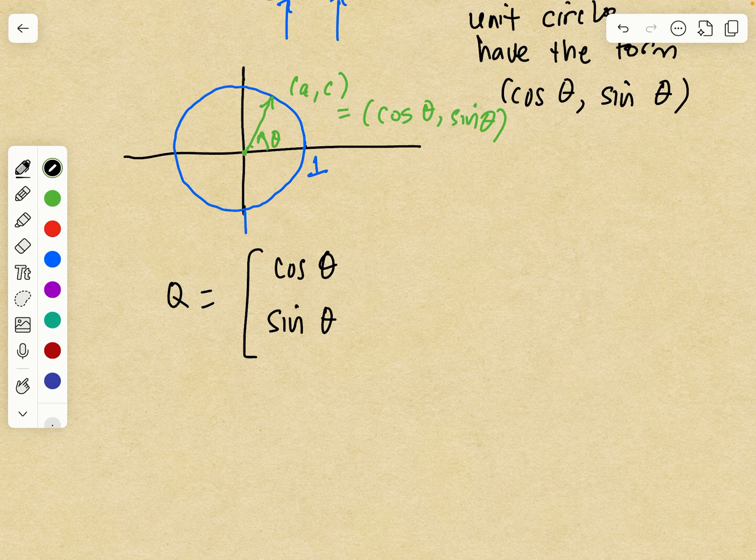So going back to the picture, the second column must be orthogonal to the first vector. Is that a 90-degree angle? Maybe it doesn't look exactly like a 90-degree angle, but it's supposed to be. So what that means is that I really have two choices for my second column vector. It must be this vector or it must be this vector, because there are only two unit vectors that are orthogonal to the first vector.